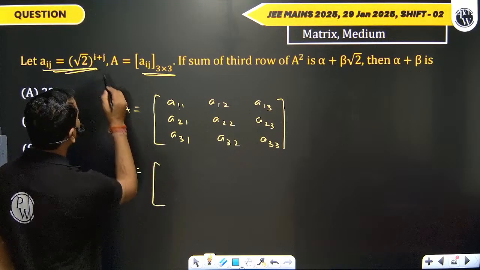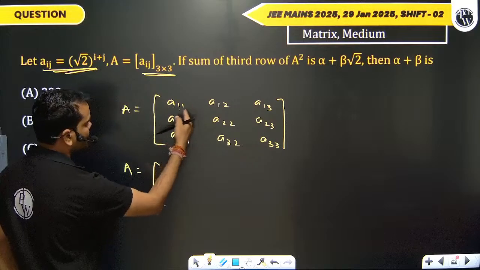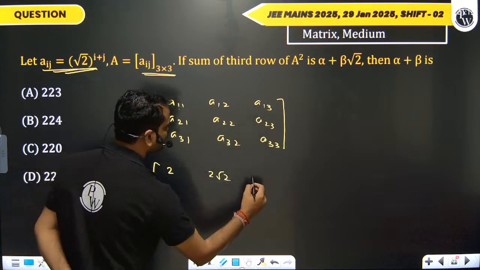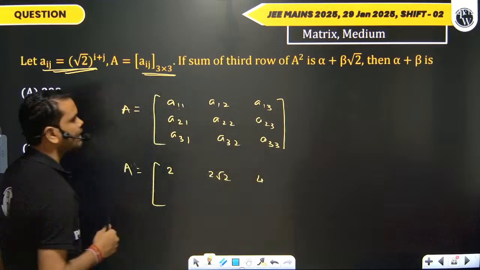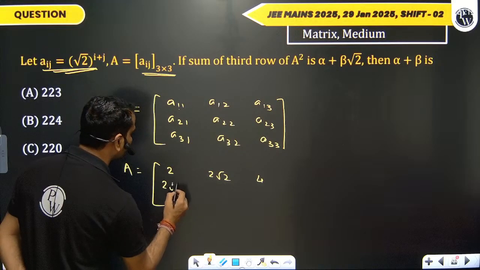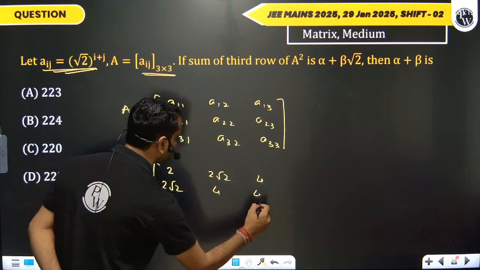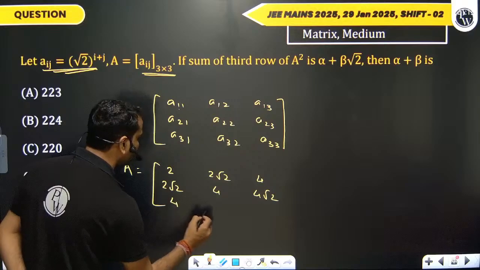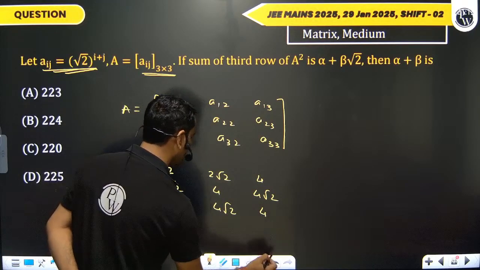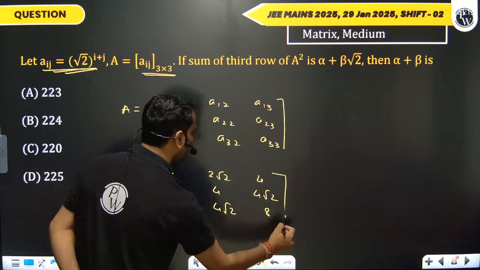It is going to come here root 2 to the power of 2, root 2 to the power of 3, which is 2 root 2, root 2 to the power 4, that will be 4. Again it will be like 2 root 2, here it will be 4, here it will be 4 root 2, again here it will be 4 root 2, and here 4 root 2, and then 8 will come. Okay, this is your A.